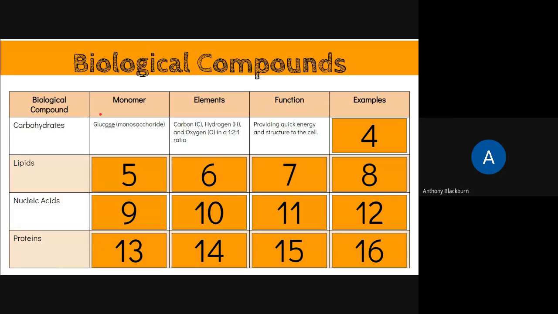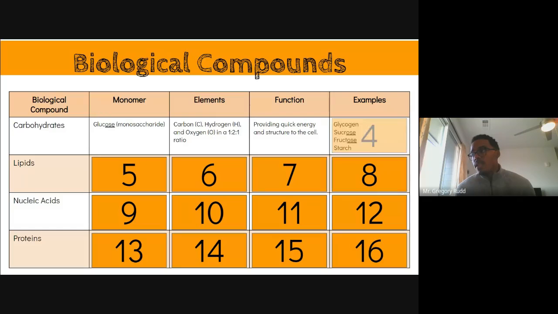Sugar. Glucose. Sugar, yeah. So all of these are sugars. Sugars are carbohydrates. And typically, when we see an ending OSE, that's telling us that it is a sugar. Sucrose is a sugar. Fructose is a sugar. Glucose ending in OSE is a sugar. Also, starch and glycogen are carbohydrates as well.